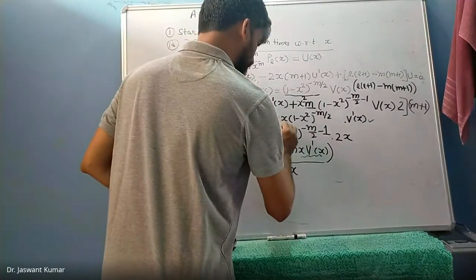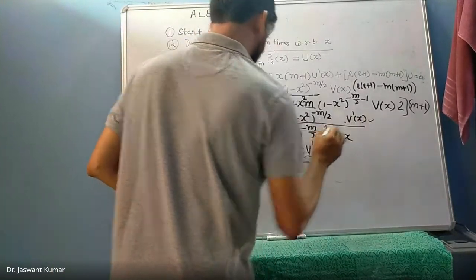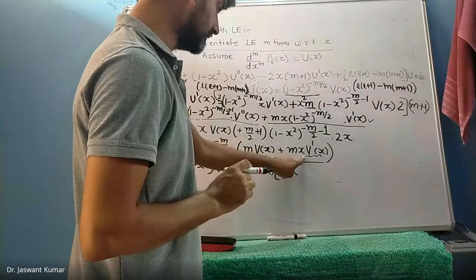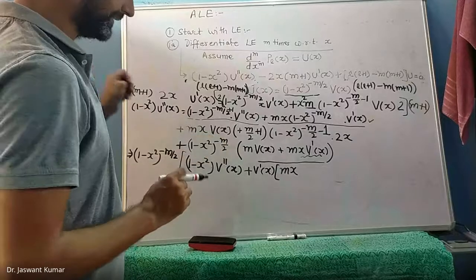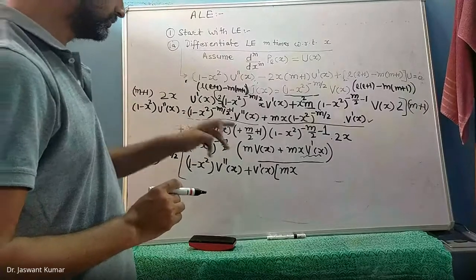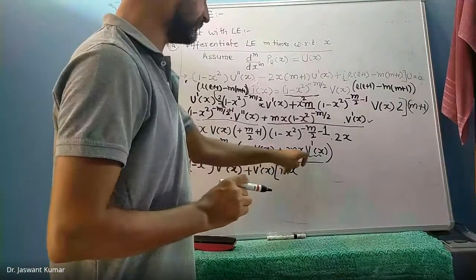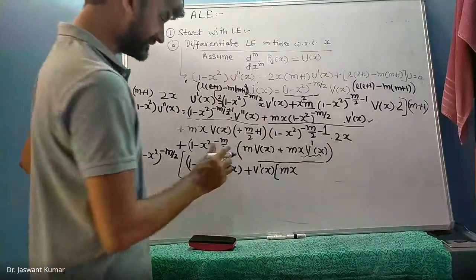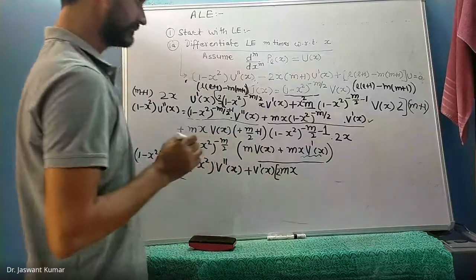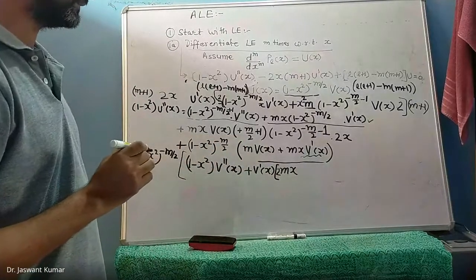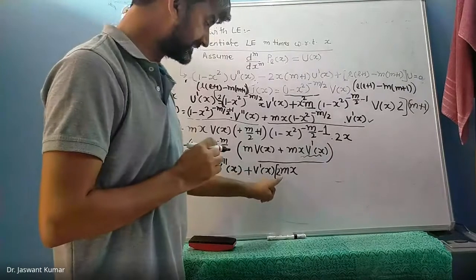This term is also now taken care of. And now we come to this term. So this 1 minus x square to the power minus m by 2 was already taken care of. So what remains is another m of x. So this is like 2m of x. Are you following me? Yes, sir. So this is 2m of x.